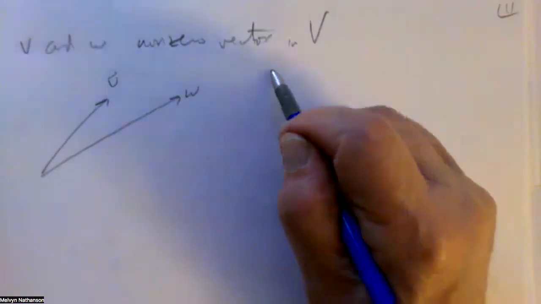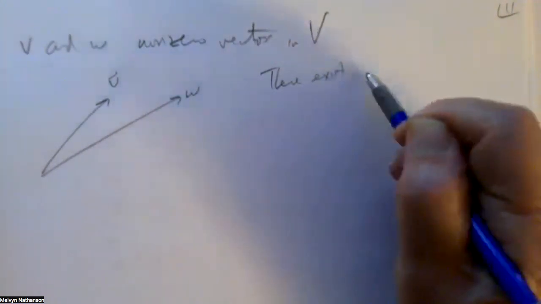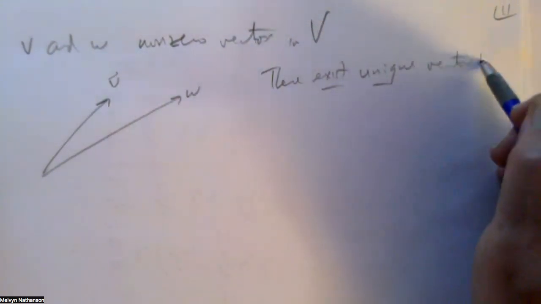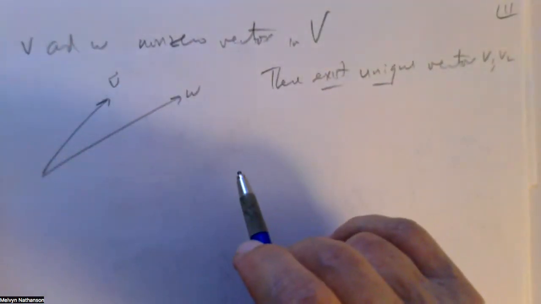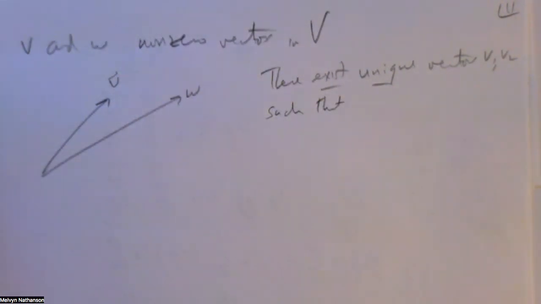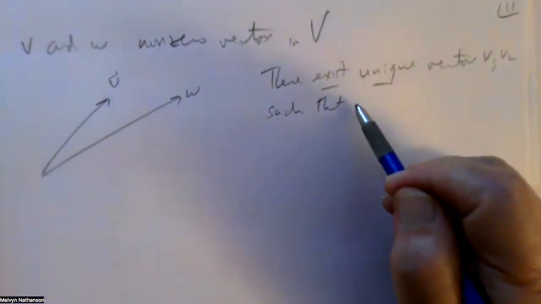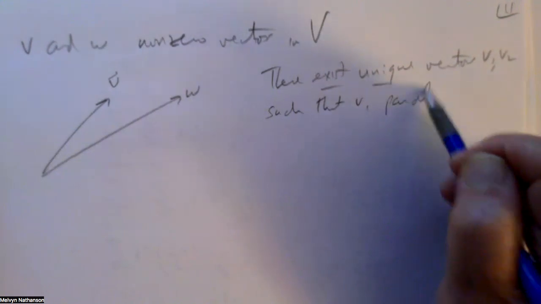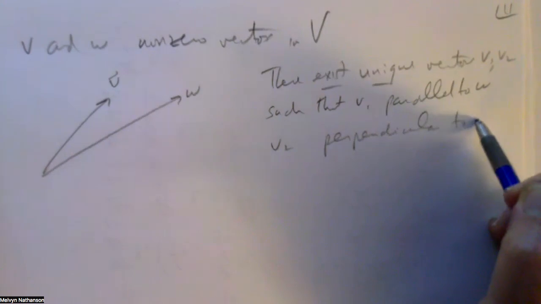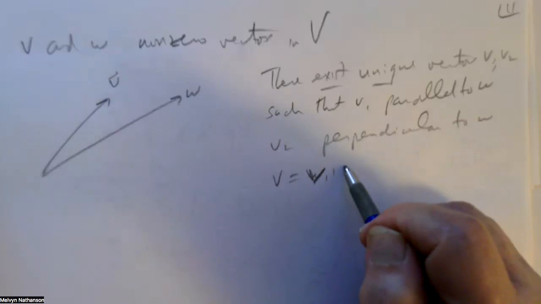And you can always decompose v. So there exist unique vectors v1 and v2 such that v1 is parallel to w, v2 is perpendicular to w, and v is v1 plus v2.